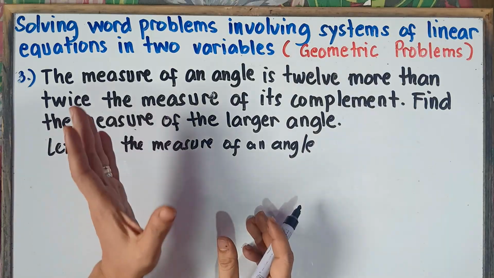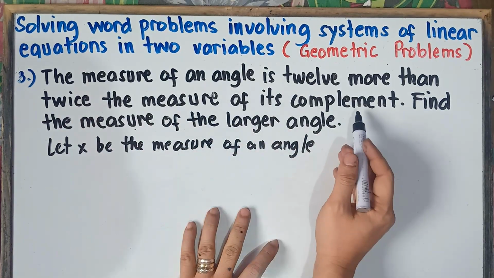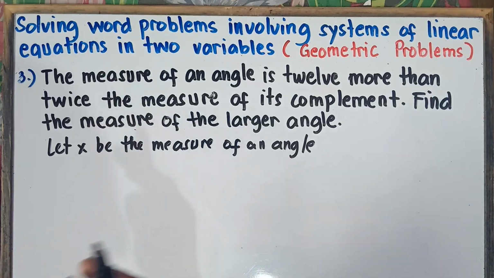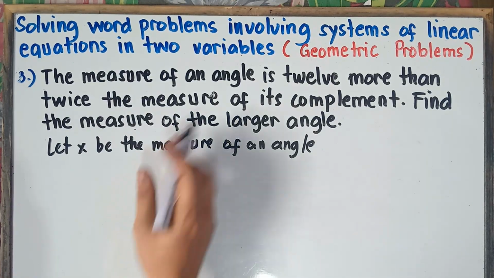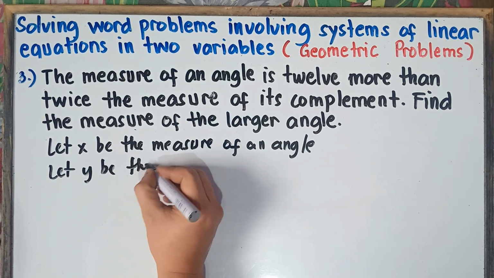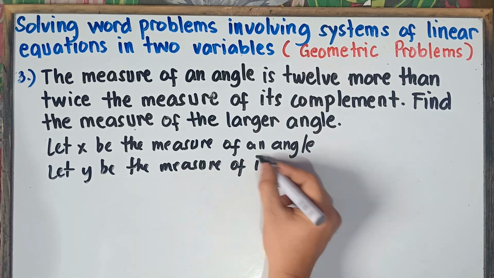Now, the measure of an angle is 12 more than twice the measure of its complement. Since we don't know the measure of its complement, let y be the measure of its complement.